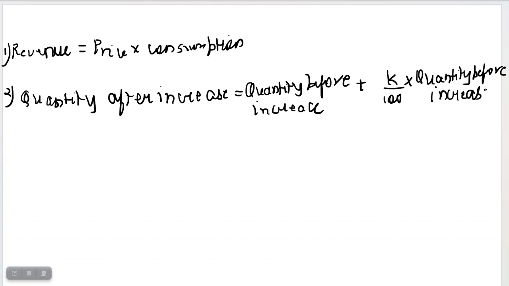We can also write this as QAI, quantity after increase, is quantity before increase plus k by 100 into QBI.